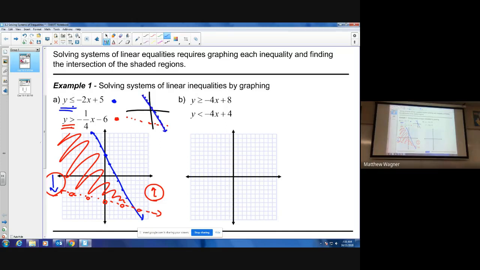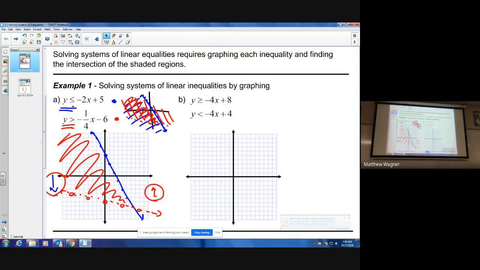Oh wait, that was a solid line. If you want to do it like that, then I know this region is your shaded region, you are welcome to shade like that if you want. If you want to hold off on shading so you know your solution, that's a-okay as well.